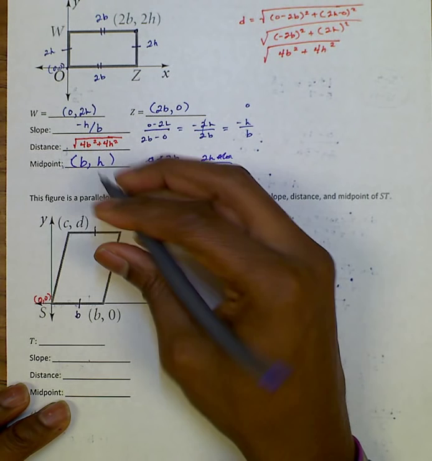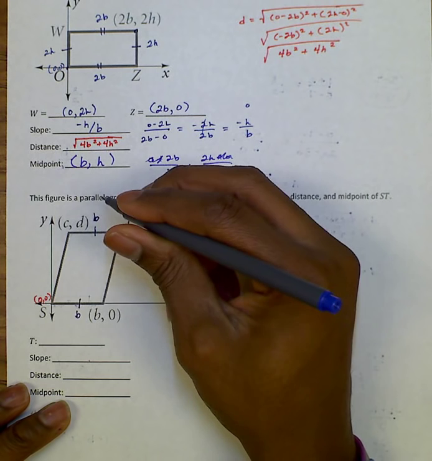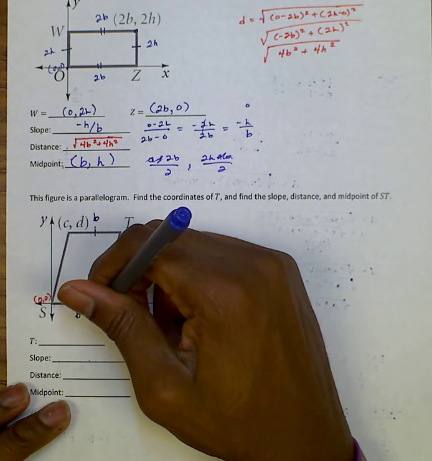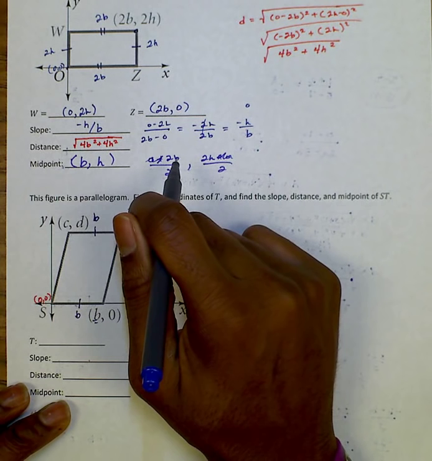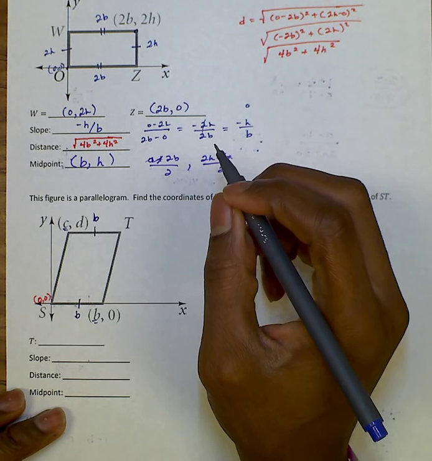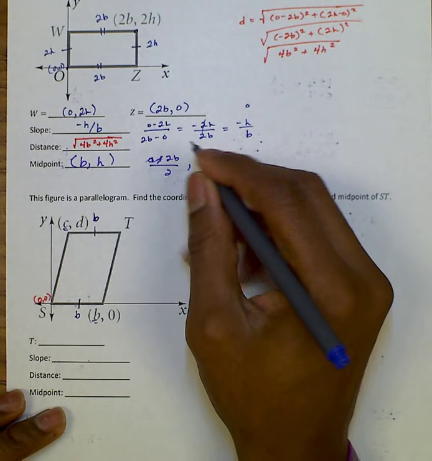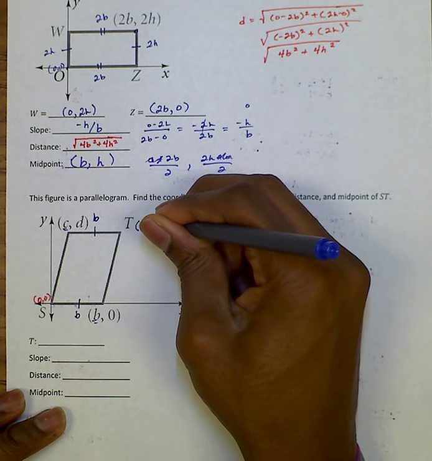So how far over will this go? It'll go over b. Notice here that our x-coordinate is b because we're adding b to 0. What are we adding b to in this case? The original x-coordinate, c. So our new coordinate will be c plus b.